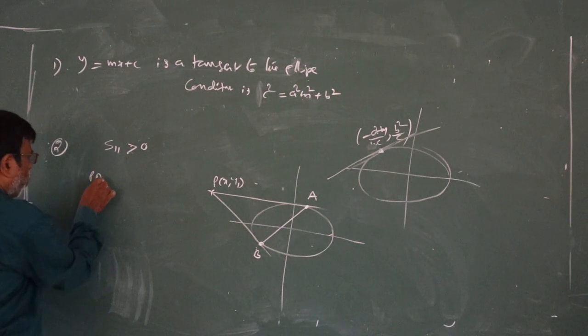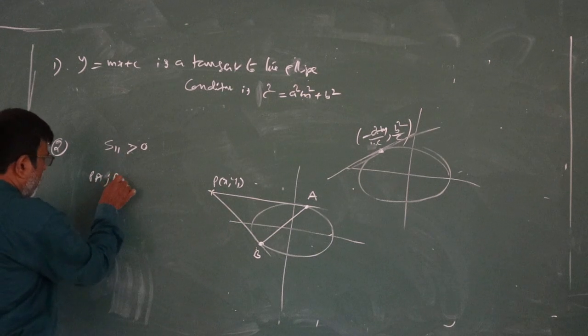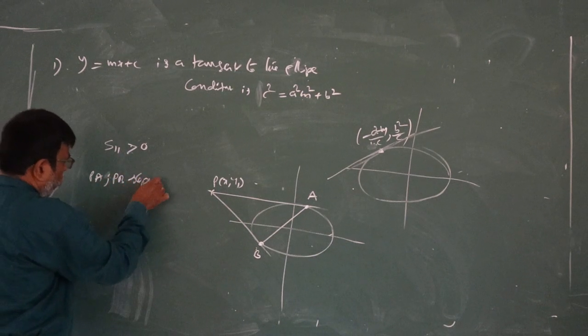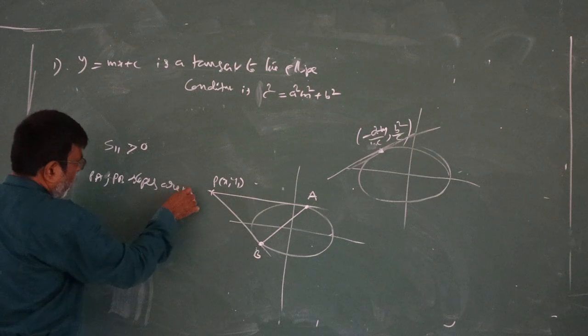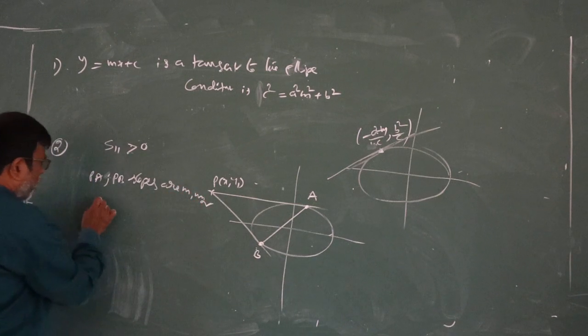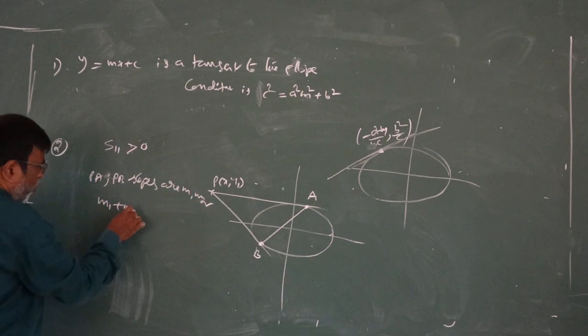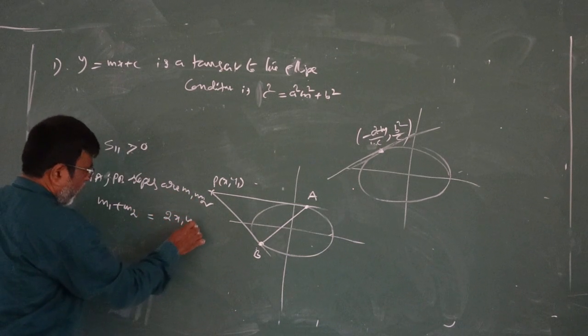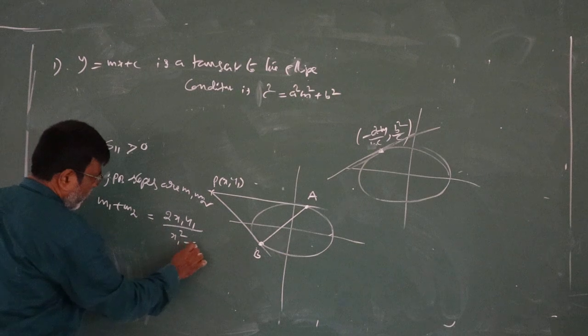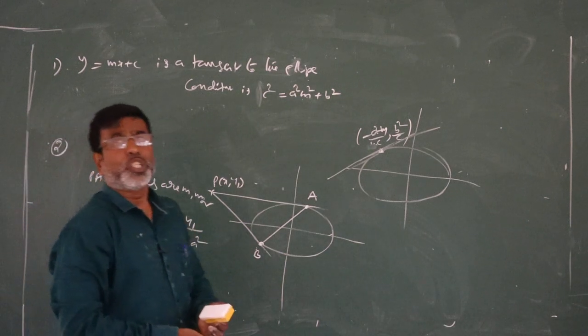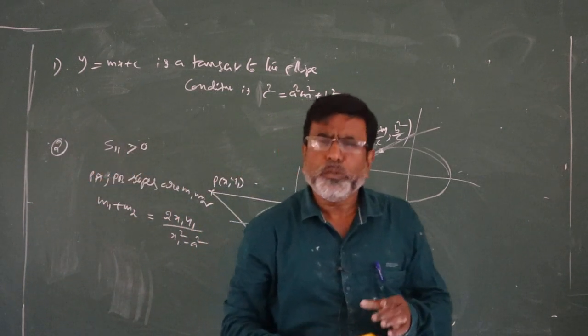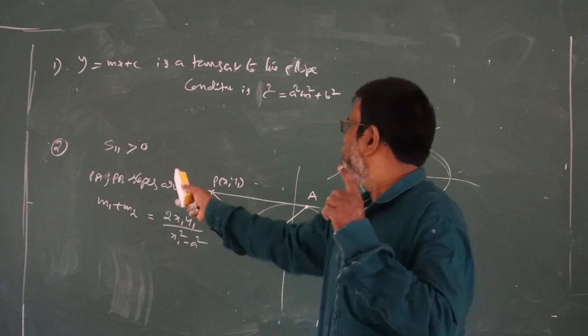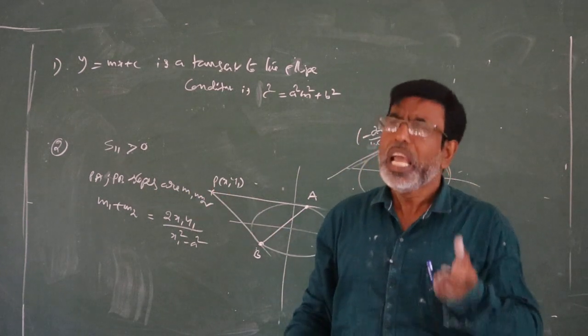So the slopes of PA and PB are m1 and m2. Now, this is the shortcut. M1, m2 are the slopes of the two tangents PA and PB.